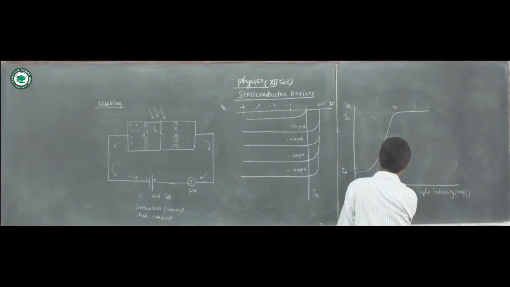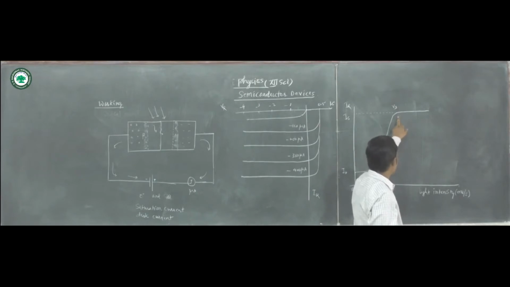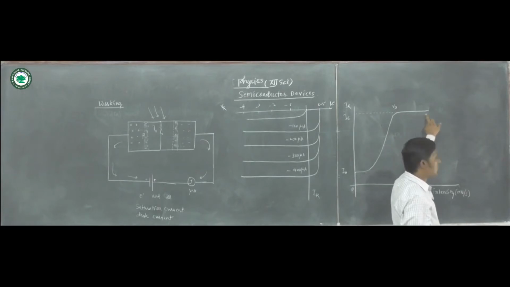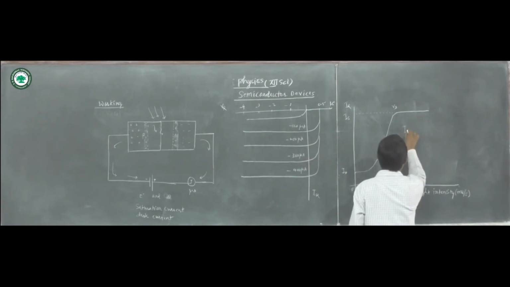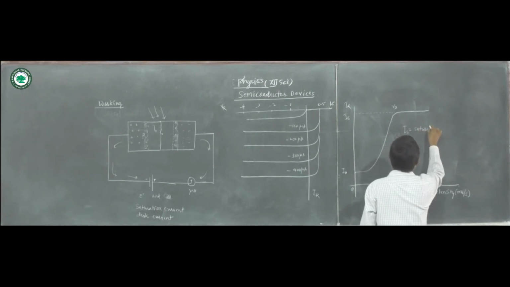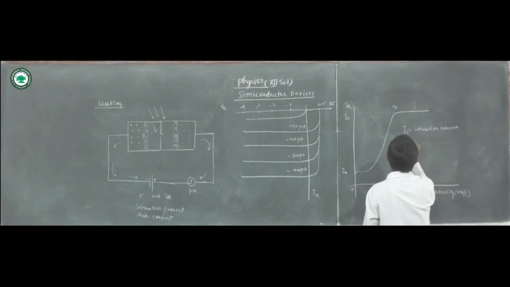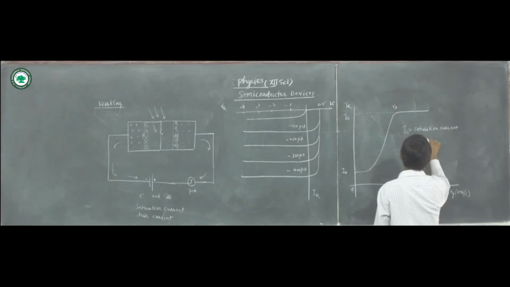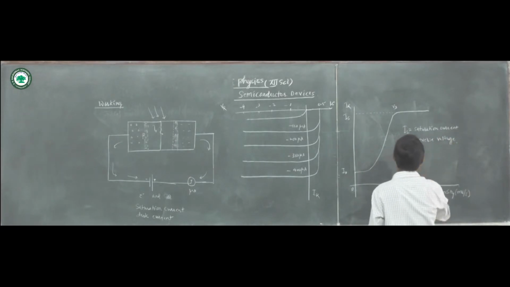As we go on increasing the light intensity, initially it increases, but for the particular diode voltage which is in a reverse bias condition, the current which we get is the saturation current, and we get a constant value for the reverse voltage Vd, where Is is the saturation current, Vd is the reverse voltage, and Id is the dark current.